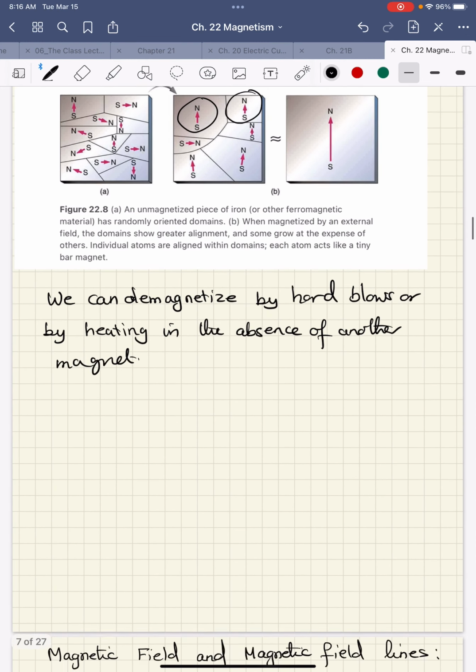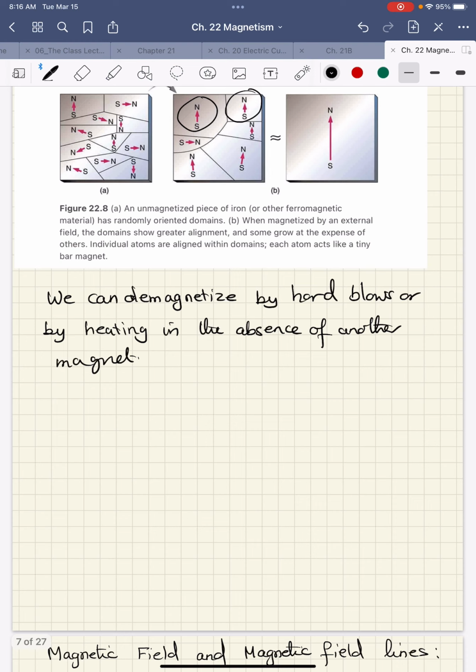There are other types of magnets that we are really interested in, and they're very important in our applications. We call them electromagnets.